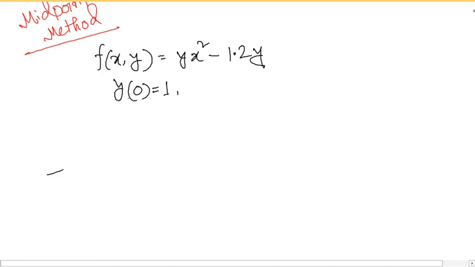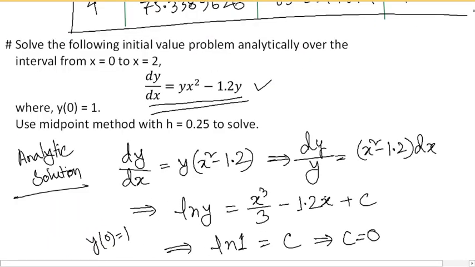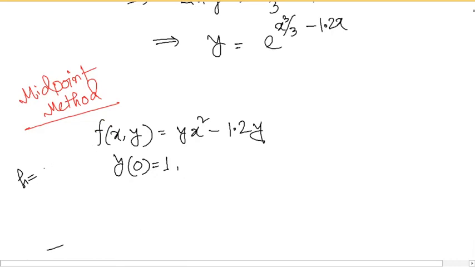For getting the slope at the midpoint, I need to go first to the midpoint. The step size given in the question is 0.25, so h is 0.25. Instead of going 0.25, I will be going half of that, that is 0.125.